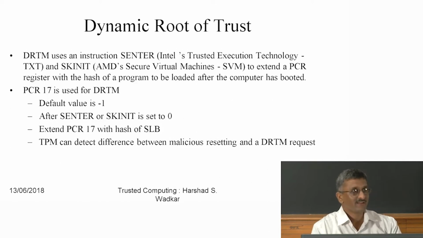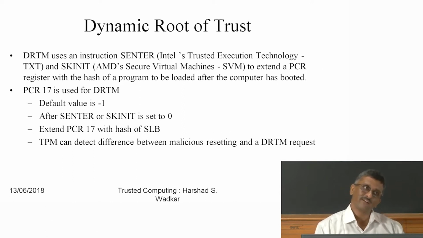There is another way. What is static root of trust? I will execute in this fashion only. But whether it happens all the time? I am in a hurry, I want to book a ticket. So, whether first I will check whether my system is updated or not, whether my Firefox is updated or not.